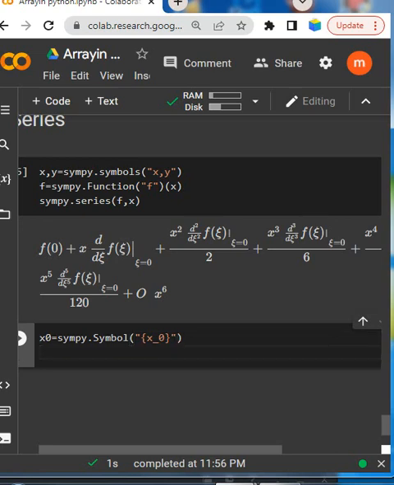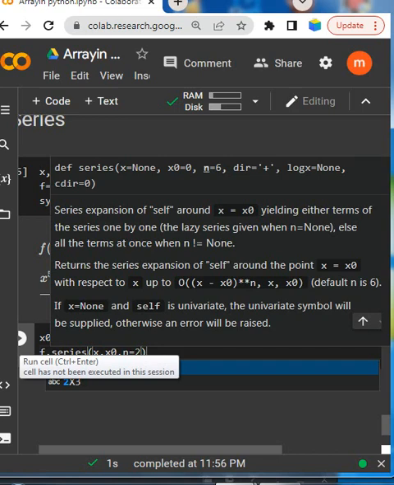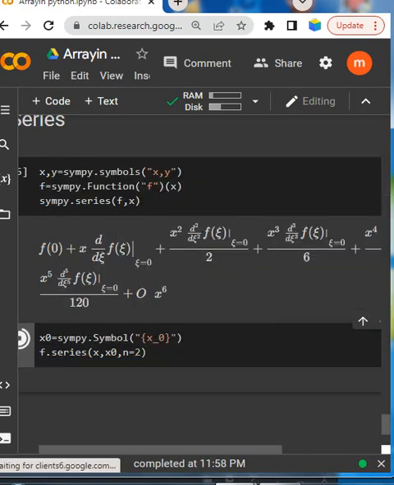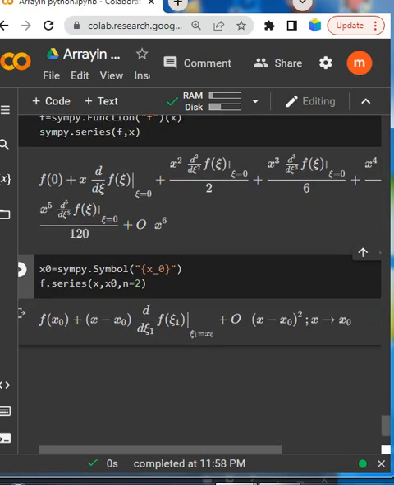Now I am going to print f dot series, parenthesis x comma x0 comma n equal to 2. So n equal to 2 means second order, okay. So let's see. I think yeah, it has been created, and x minus x0, d eta 1, okay, x tends to x0 till here.